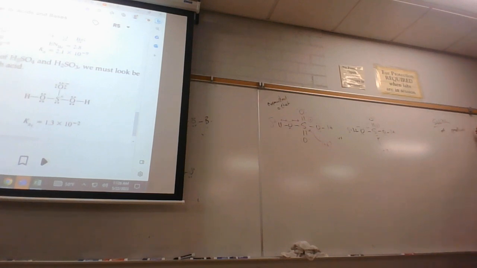The product is the conjugate base, or just the base. We want the base to be more stable. Therefore, the weaker the base, the more stable.